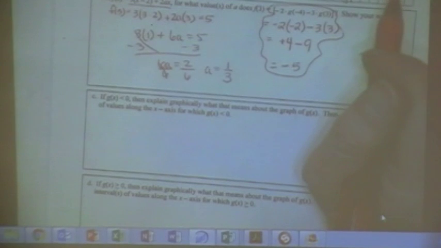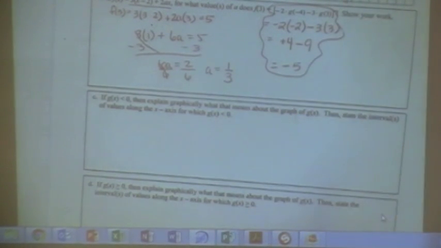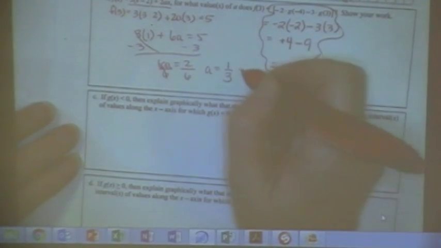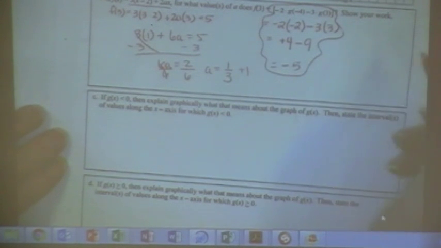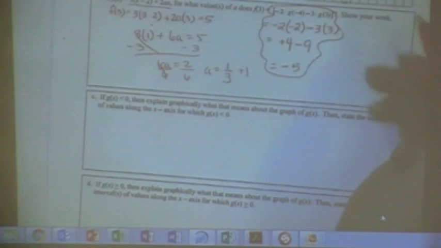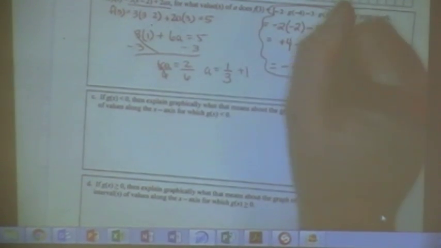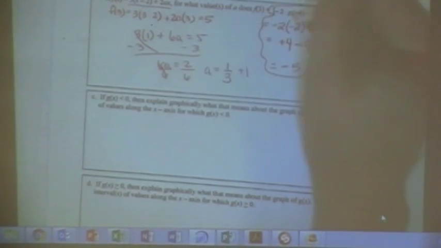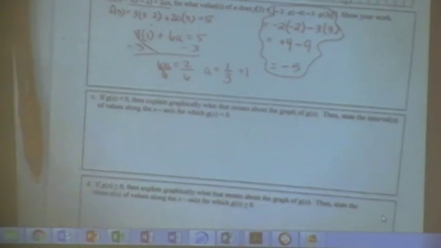So we get a equals 1/3. Is that right? That's worth a point. I think pulling the values off the graph is worth a point too. So this one's worth 3 points altogether: a is 1/3, and the numbers off the graph. So that's +3.